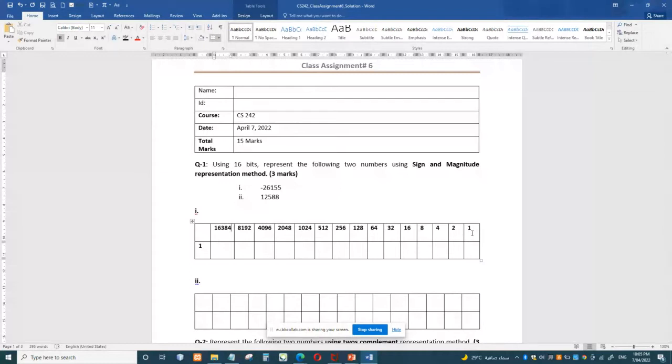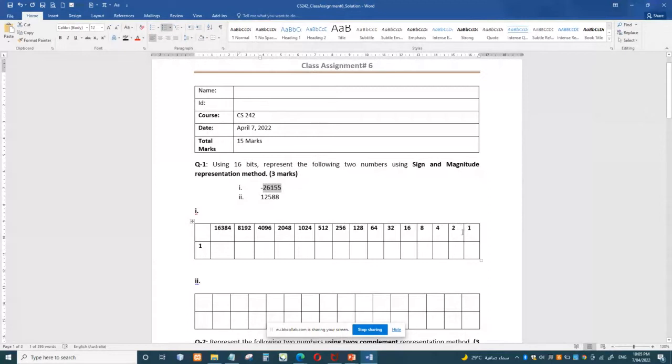So basically, these positional values are calculated based on the base of the binary number. The first digit, digit number 0, 2 to the power 0 is equal to 1. Then 2 to the power 1 equals 2, 2 to the power 2 equals 4, 2 to the power 3 equals 8. That is the way we calculate a positional value. So here, in order to represent the value 26,155, first we need to know each of the bits and their corresponding positional values.